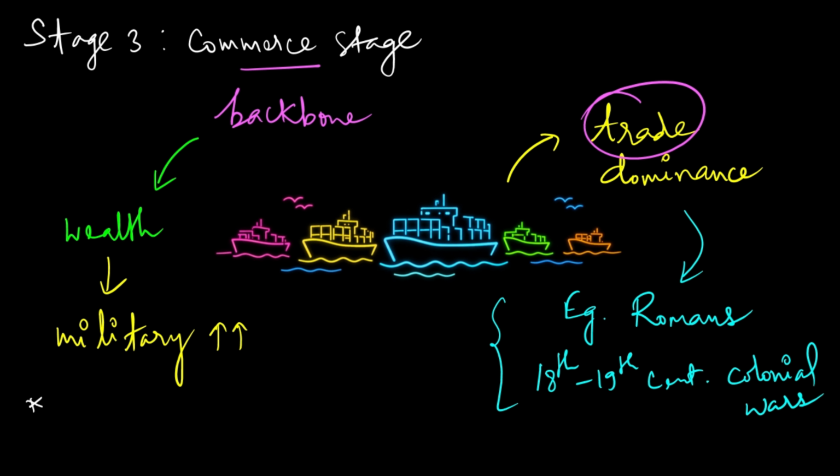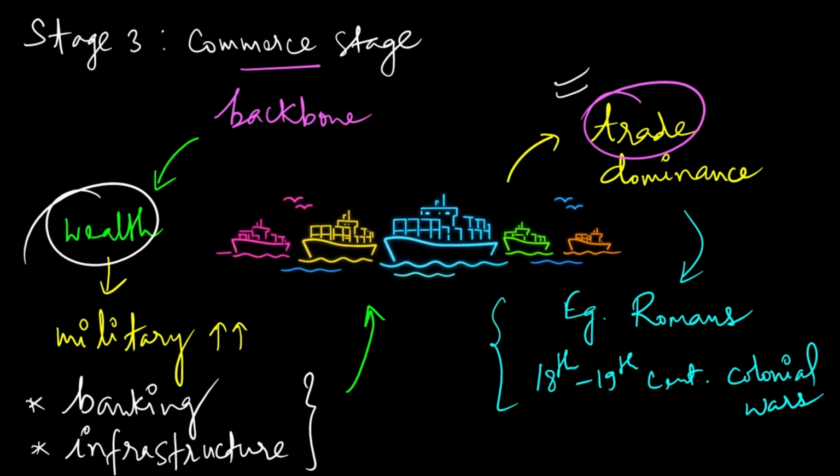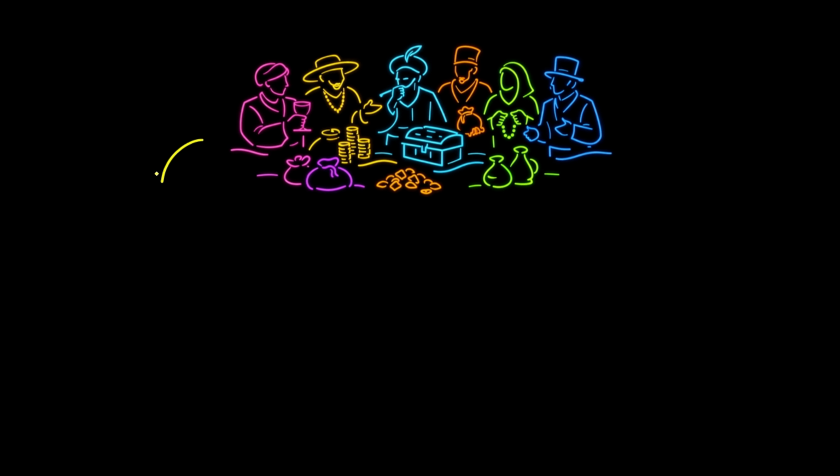Financial innovation begins to emerge. Banking grows. Infrastructure improves. Since infrastructure is essential to sustain trade, roads, ports, canals, railways, and similar systems are all developed and expanded. Economic growth becomes visible. Wealth starts increasing. The merchant class begins to rise. A new social class emerges that gains wealth and influence.